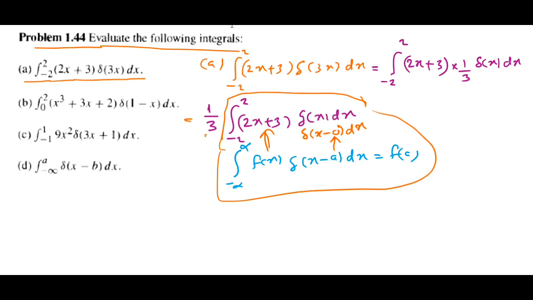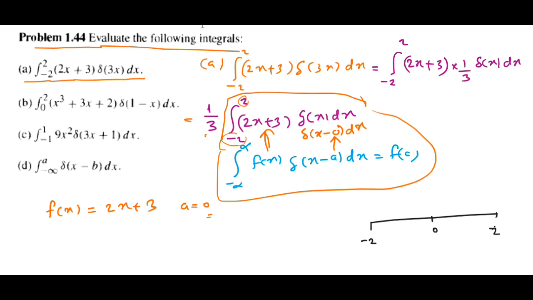Now let us see how to proceed with this problem. We have obtained f of x is equal to 2x plus 3 and a is equal to 0, and the 0 lies within the domain of the integral, that is minus 2 to plus 2. If I draw here, this is our lower limit minus 2, this is the upper limit plus 2, then the value of a lies exactly in between, at 0.